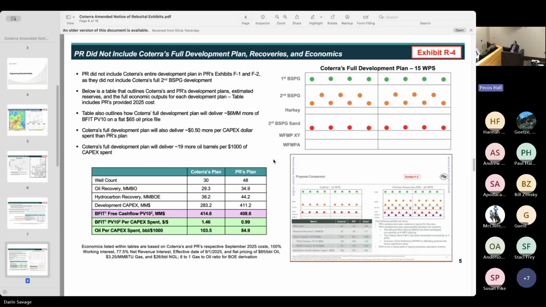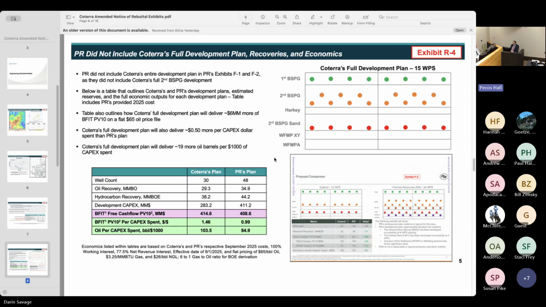Now this table has PR's updated costs that they provided for this hearing, and we ran it against what Coterra believes that plan will ultimately recover. As far as timing goes, we've made a timing assumption that PR would develop all those wells at the end of Q1 of 2026, or the first quarter of 2026.